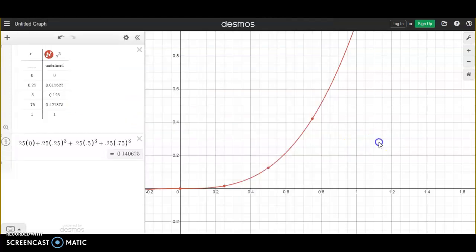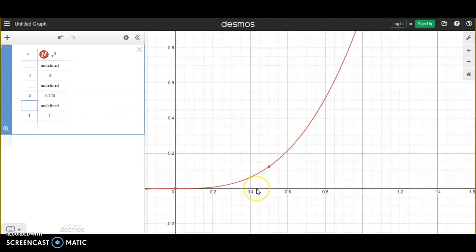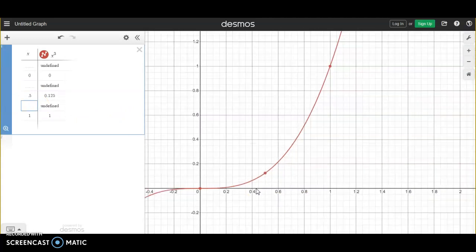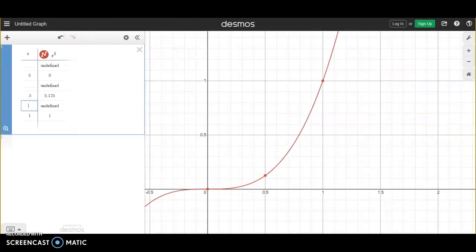So if we remember from the first problem, now we're at delta x for when we have only 2 values. It's 0.5. So I'm going to get the rectangle tool out. And so now we measure from the second endpoint.